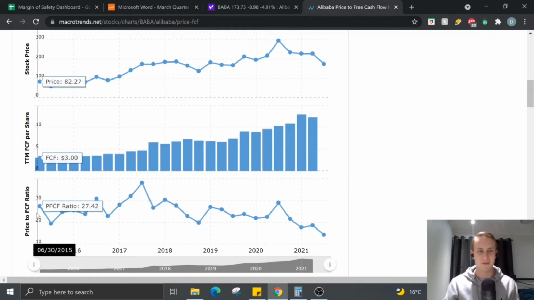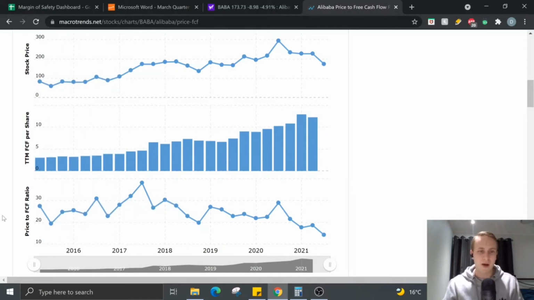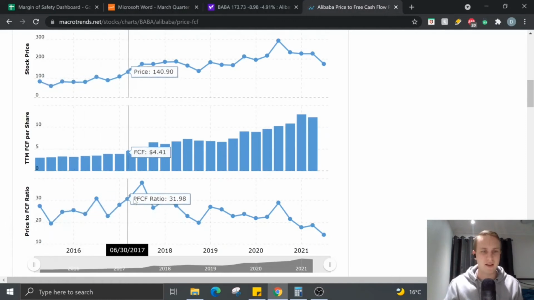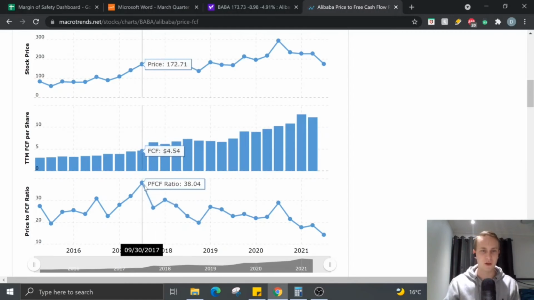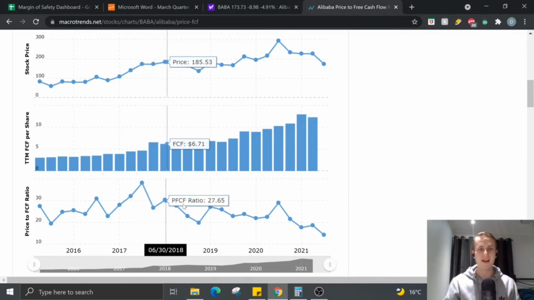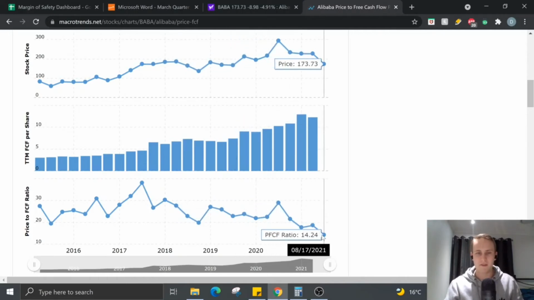And as we can see, ever since about 2015, Alibaba on average has traded between a 20 and a 30 free cash flow multiple. We have seen it go above this 30 before, back in 2017, and it got all the way up to 38. And as we can see now, it is trading at about a price to free cash flow ratio of about 14, which is well below its historical average.